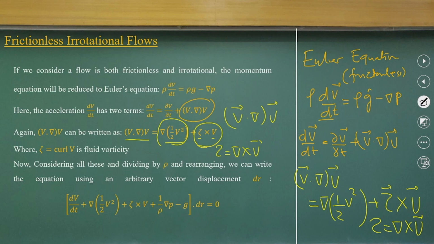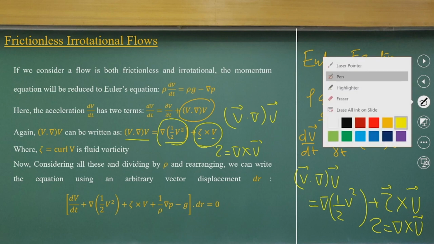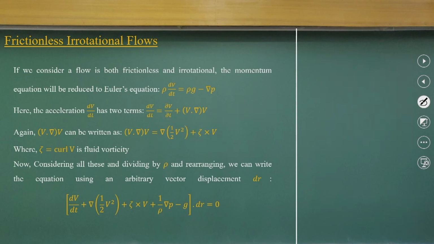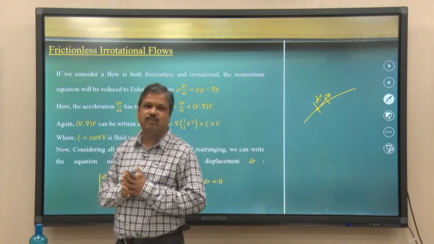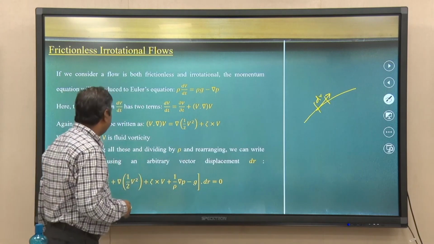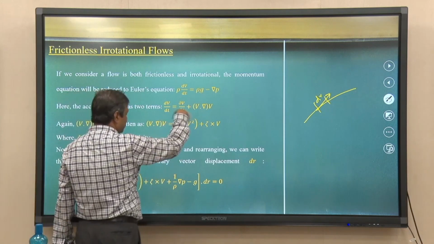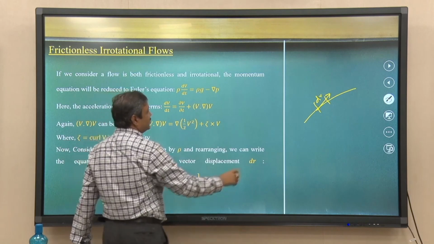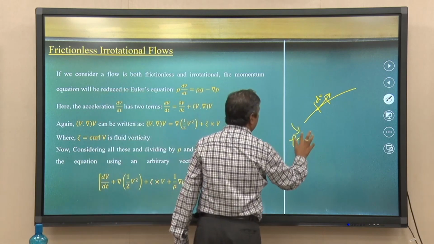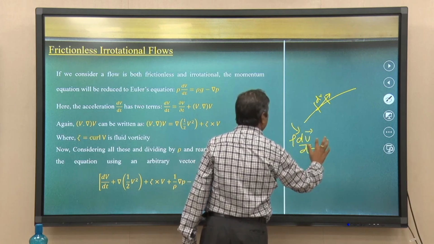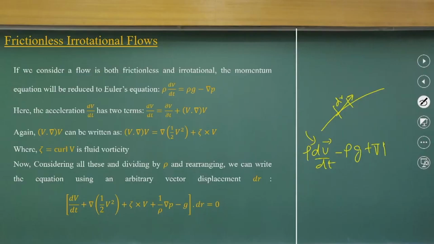This part I can simplify, as given in F.M. White's book. Assume I have this velocity field and an elemental distance dr. I integrate these equations, the rho dV by dt minus rho g del phi, taking the dot product with dr, which is a vector component.